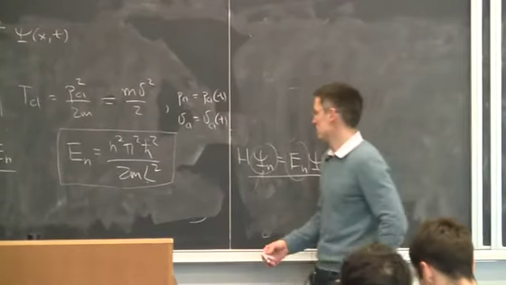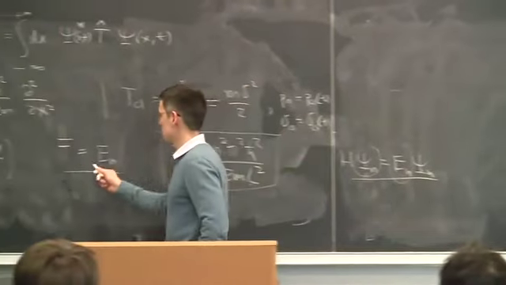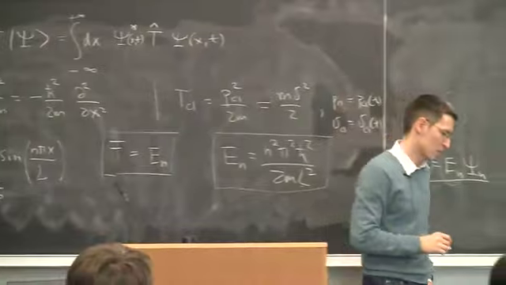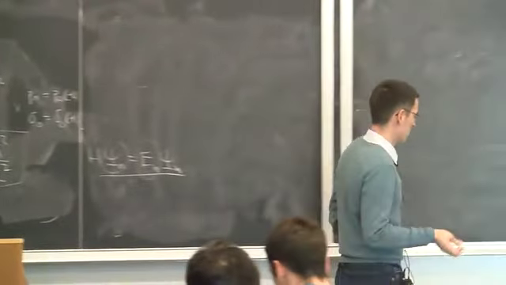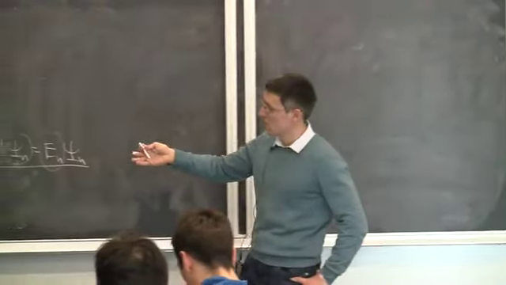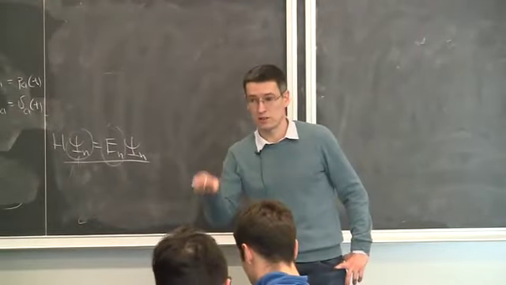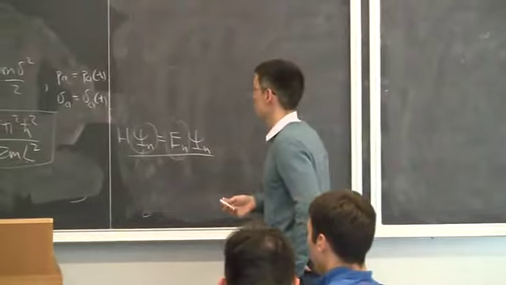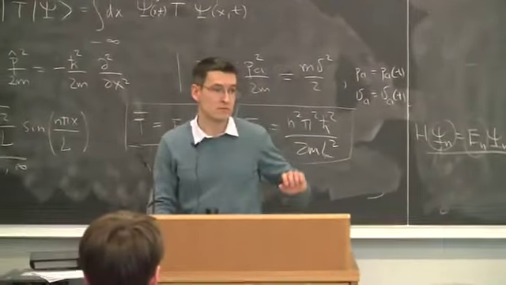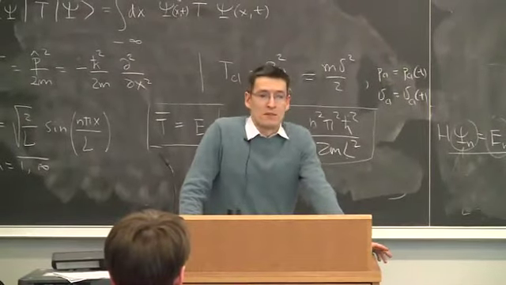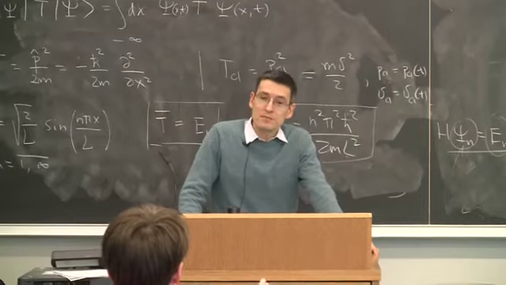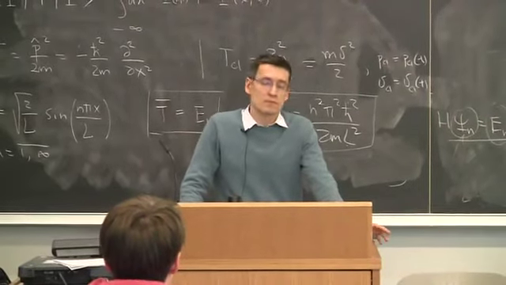So now the question is, why can I write that the kinetic energy of the particle in the box function is equal to its energy? On the left-hand side, I have kinetic energy. On the right-hand side, I have total energy. Yeah. There's no potential. Why is there no potential? It's the way we set the experiment. What experiment? Or rather the criteria for the particle in the box.